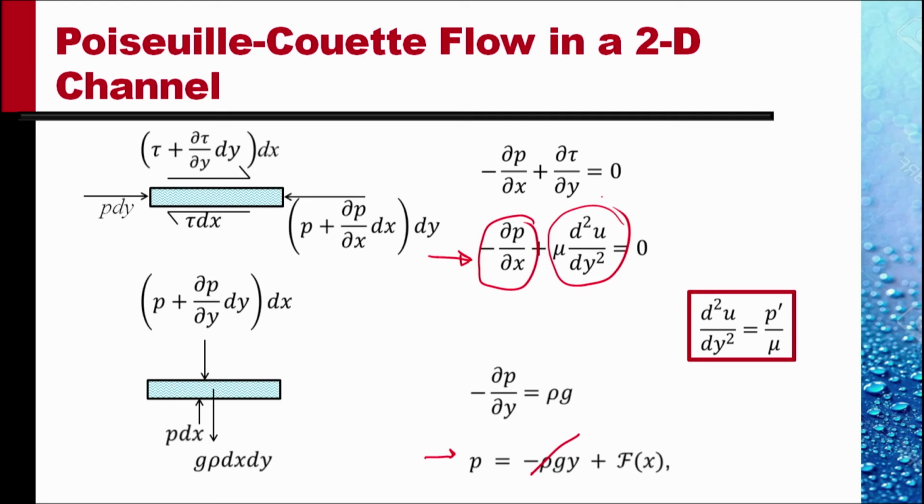Delta p by delta x is constant, or the pressure gradient in the streamwise direction is constant. The pressure is varying linearly. This equation, which governs the flow through this channel, can be integrated rather easily.